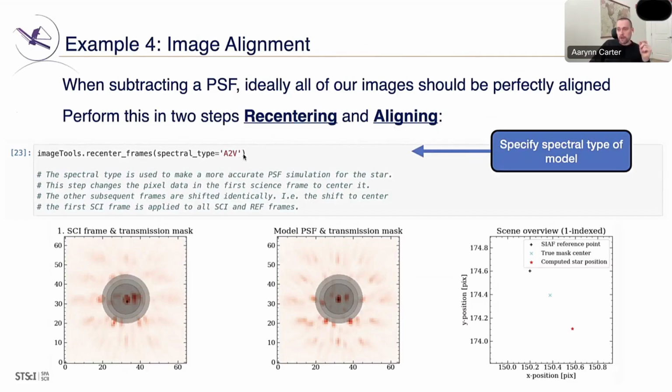You know where the coronagraph is because it doesn't move, but the star can shift around behind the mask depending on how good your target acquisition is. So we do this through some model fitting, and you can see an image like this here, where we build the science frame, we build our model PSF, and then we can measure more precisely, to around maybe about 1/6 of a pixel, where the star is.